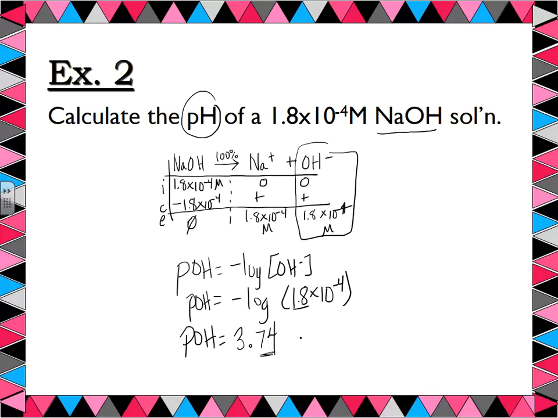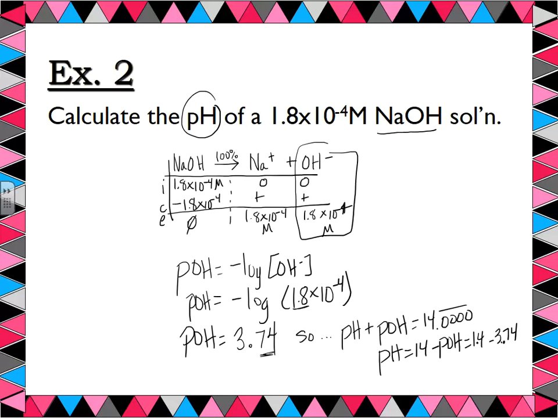All right, now we're not quite finished because they wanted the pH. Now remember, we know that the pH plus the pOH always adds up to 14 on the pH scale, and that's an unlimited sig fig number, just to remind you of that. So the pH is going to be equal to 14 minus the pOH, so 14 minus 3.74.